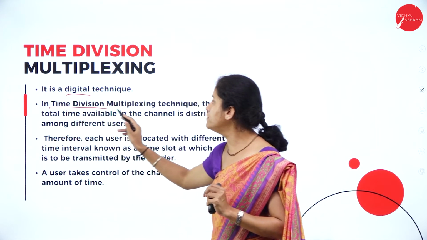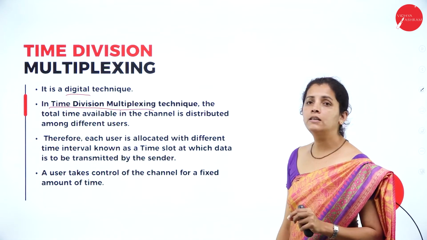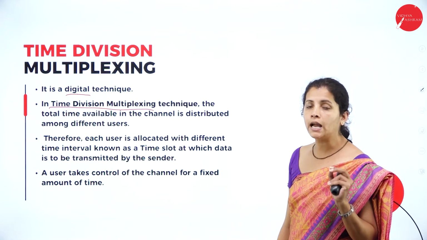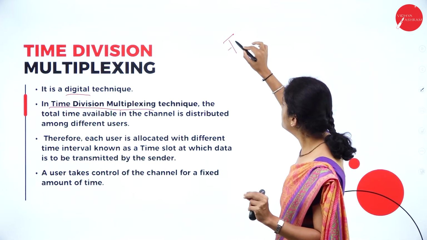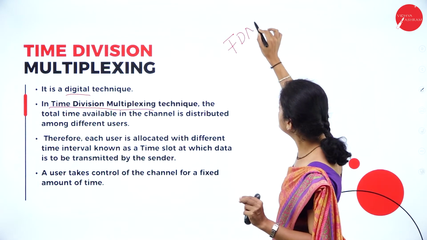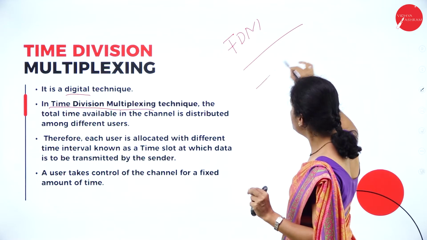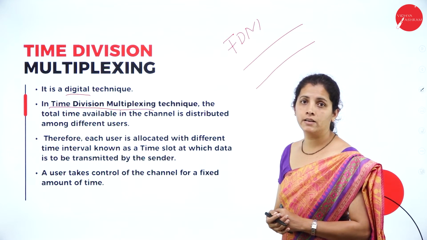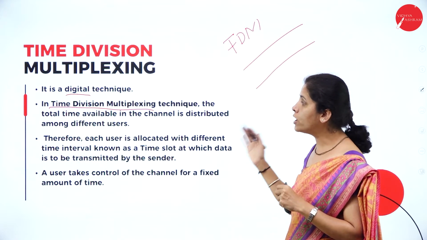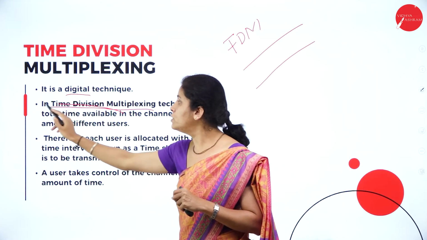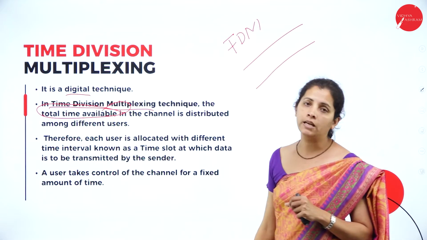So in time division multiplexing, the total available time is divided. If I consider frequency division multiplexing, the total available bandwidth is divided. The available frequency is divided. But here what I'm going to do, I'm going to divide the total time.